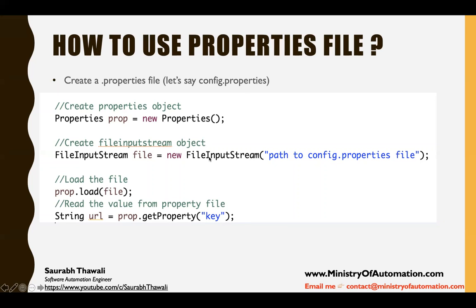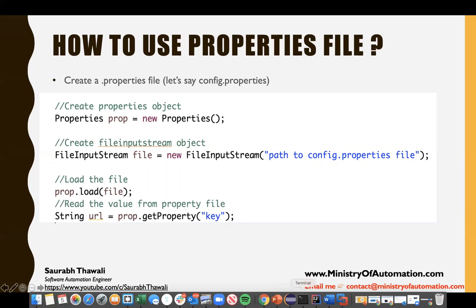Because it's a constructor, you need to pass the path of the property file inside it, and then you will load it. So the first instruction is we have to load the file, and then you are good to start using it. Let's see how we actually do this in our Eclipse.